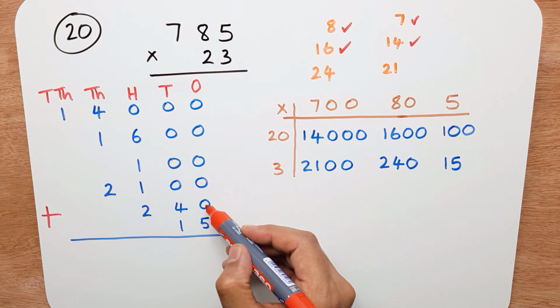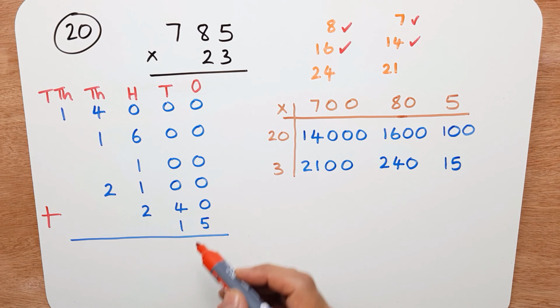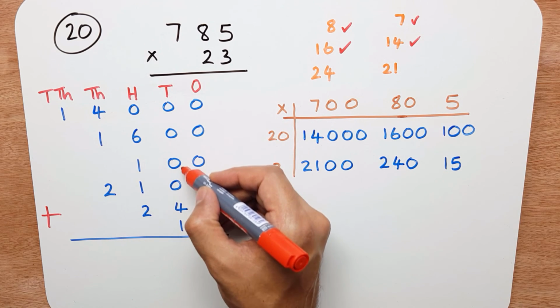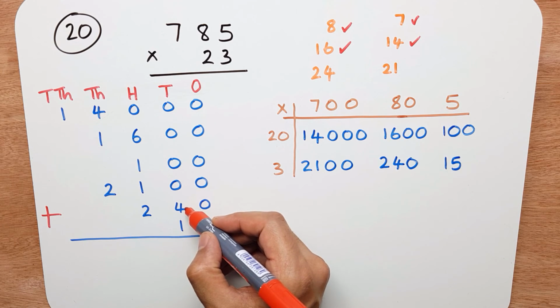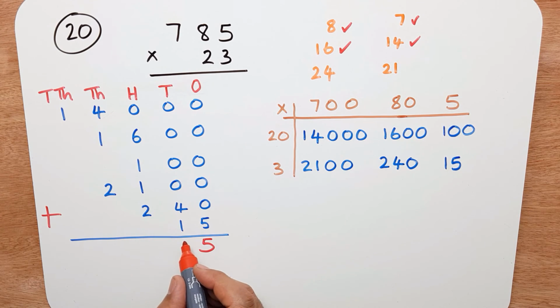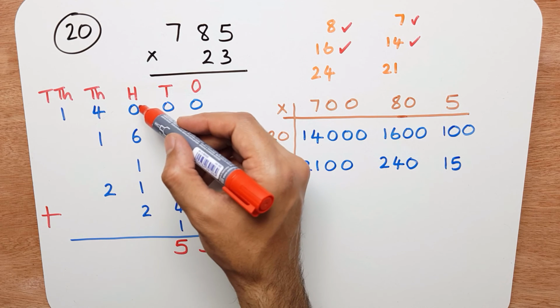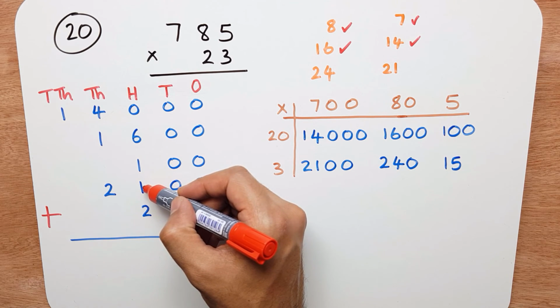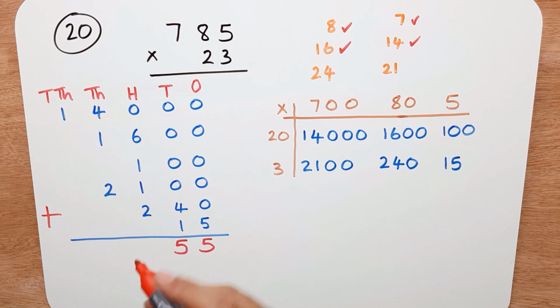So all this is 0 plus 5 is 5. All that is 0 plus 4 is 4. Add the 1, it makes it 5. And you have 6, add 1 is 7. Add 1 is 8. Add 2 is 10. So the 0 goes here, and you carry the 1 over to the next column.